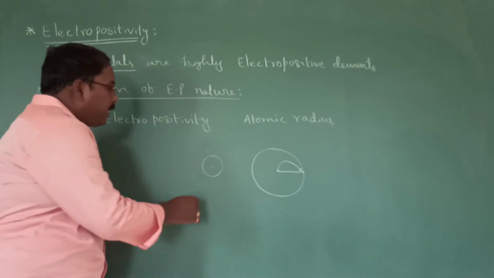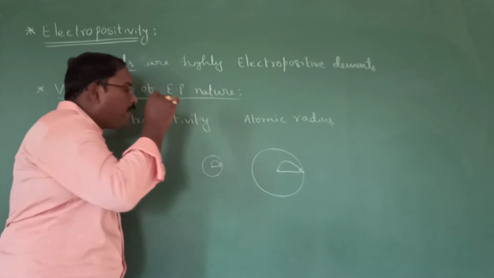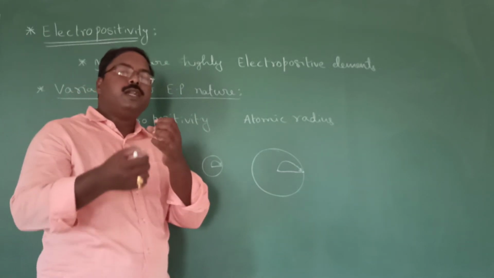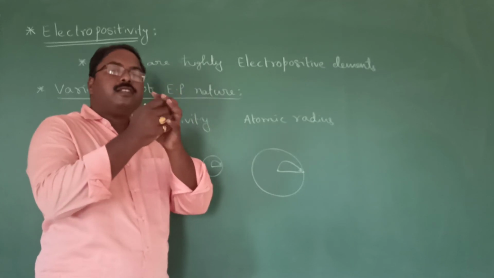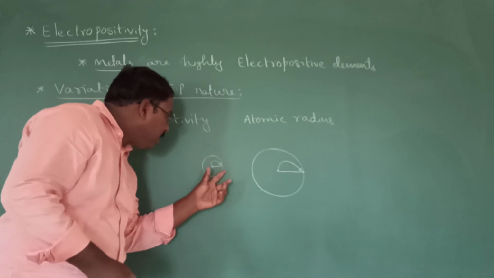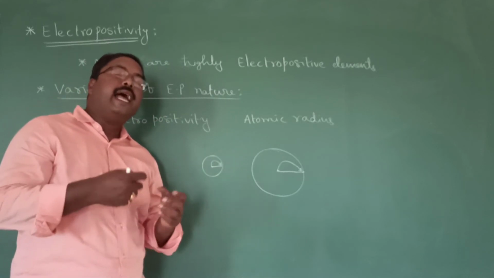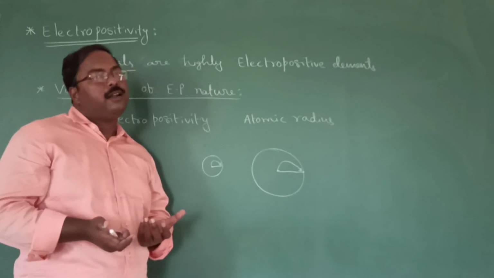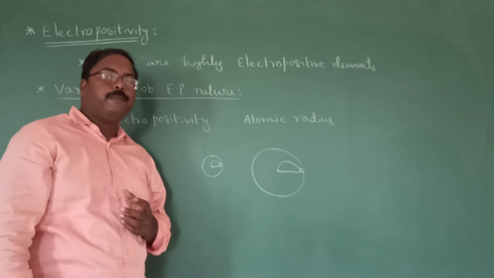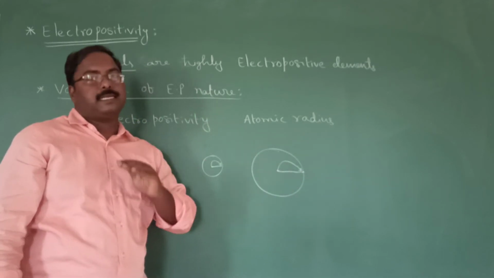But in the case of a small sized atom, the distance is less. The effect of nucleus on the outermost orbit is more, so the nucleus attracts the electrons strongly towards it. When these electrons are strongly attracted towards the nucleus, can the atom lose electron easily? No. But in the case of a large sized atom, the effect of nucleus on the outermost orbit is less.